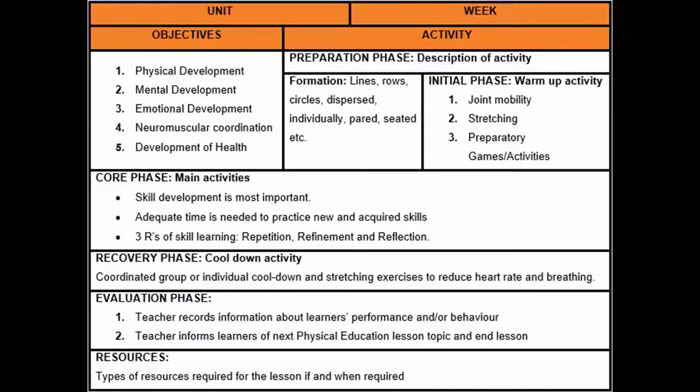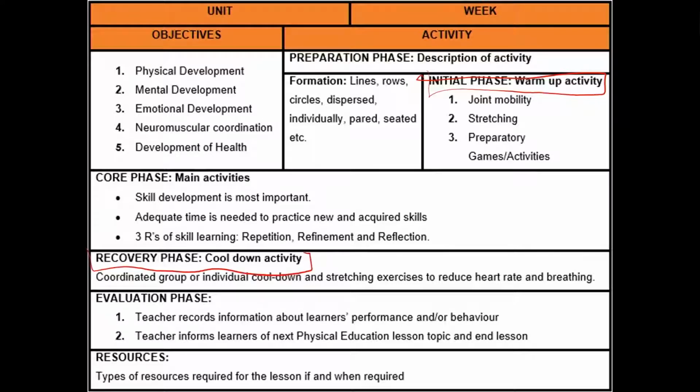So for the first part, we're just going to look at the types of lesson plan structure that your teachers use in planning your physical education lesson, so that you know how and where your warm-up activities are placed as much as your cool-down activities within those lessons. So let's just have a look. Generally within your teacher's lesson plan, within the initial phase, you would find your warm-up activities, and within your recovery phase, you will find your cool-down activities.